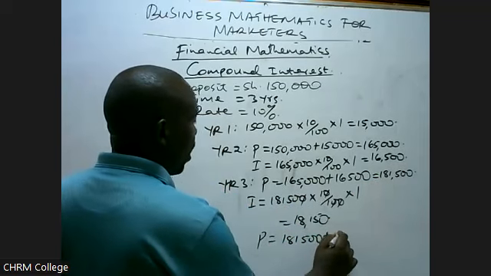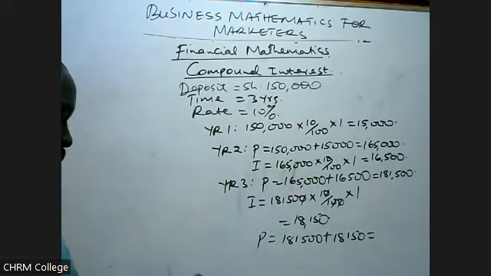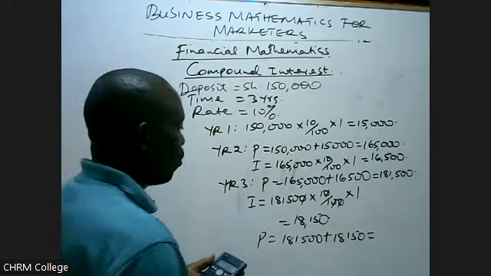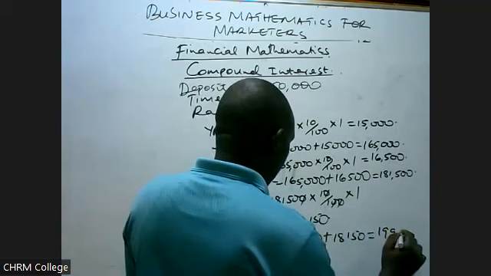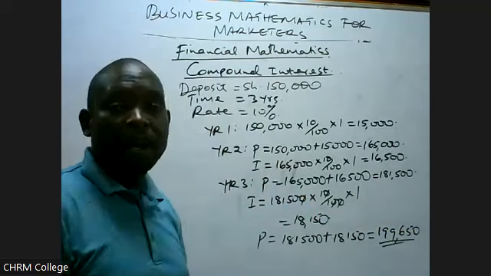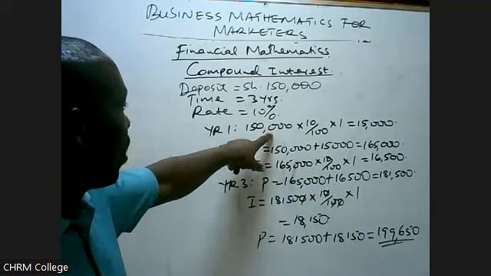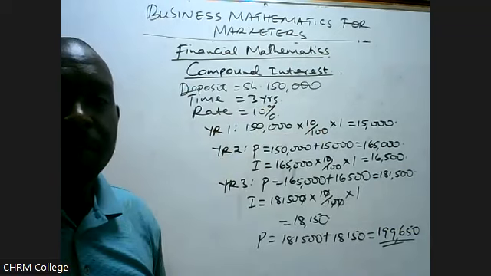In that year, we have added 18,150. So how much will be in your account? The account will have 199,650.